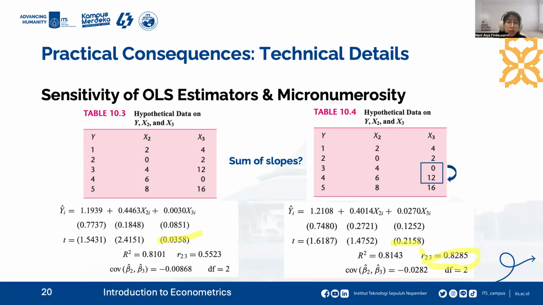Let's say I swap the values of x3 in the third and the fourth row, and then let's see how the coefficient changes. In the original data set, the beta is 0.08, and it has a significant effect on y.